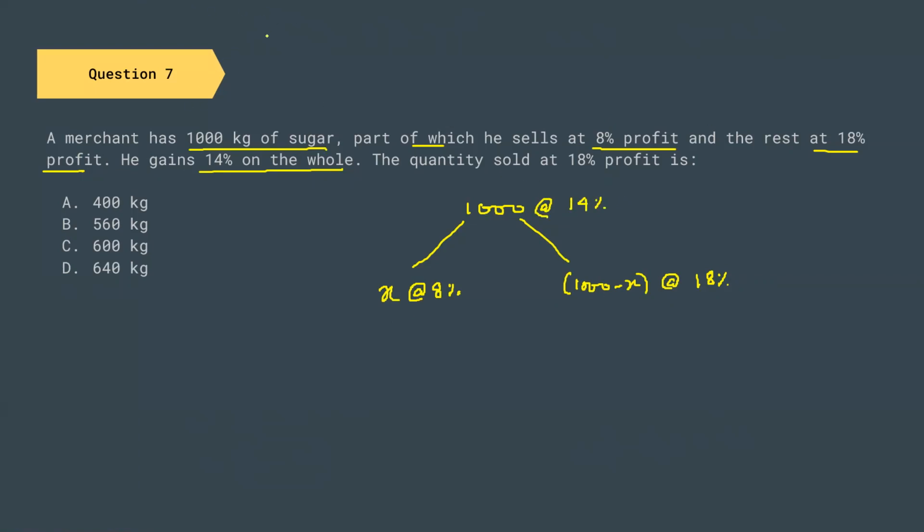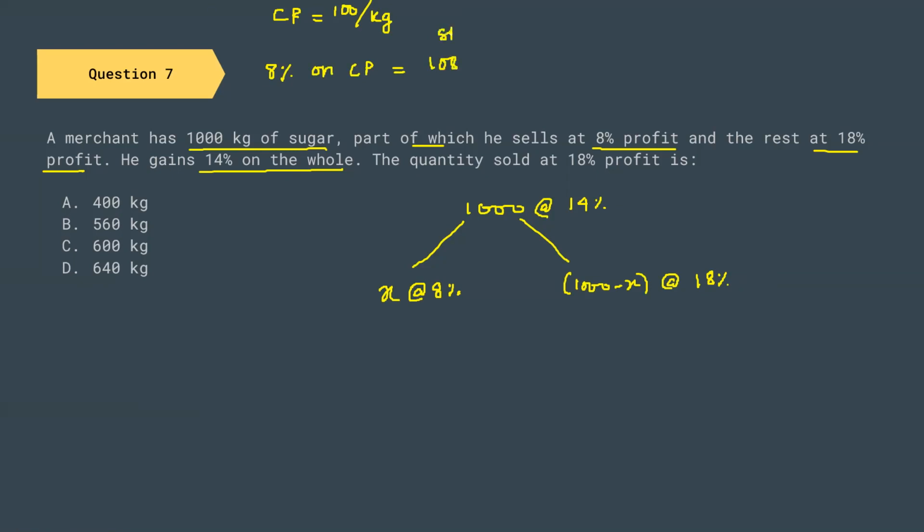Now let us assume one thing. Assume that CP of 1 kg of sugar is 100 per kg. We can assume that easily. Now if the cost price is 100 per kg, 8% profit on CP will be 108.